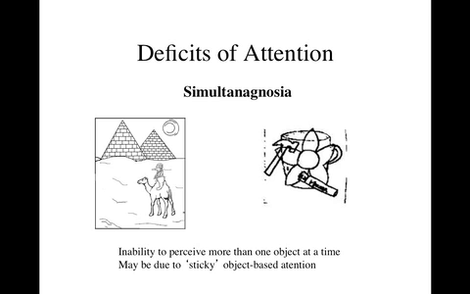Simultanagnosia is kind of the opposite of this, and this is the inability to focus on multiple things at once. So a simultanagnosic might only be able to report one property of a scene and not be able to move attention to something else. And so therefore they will almost be essentially blind to these other items in these kinds of scenes because their attention is so stuck on one portion.